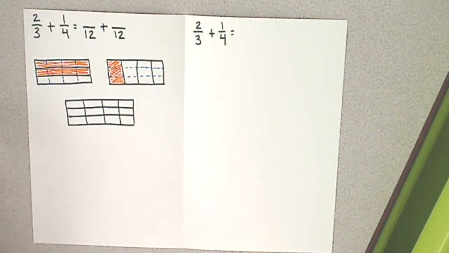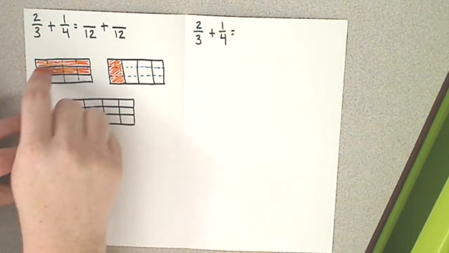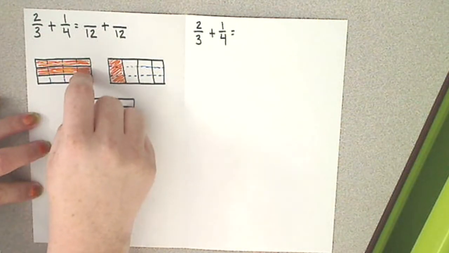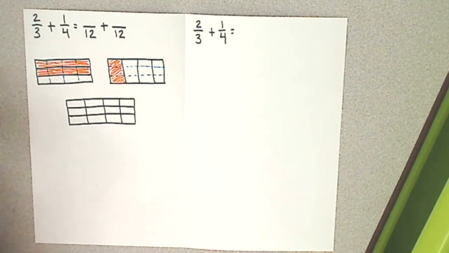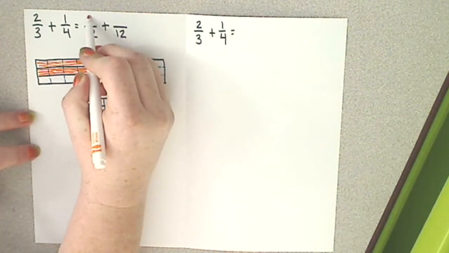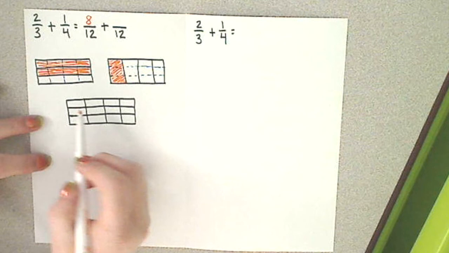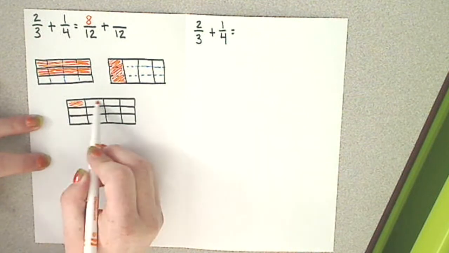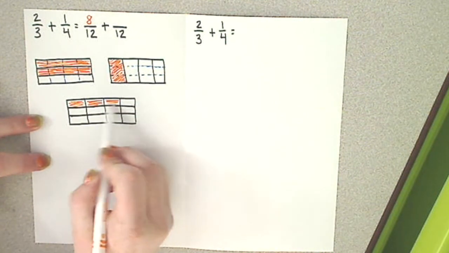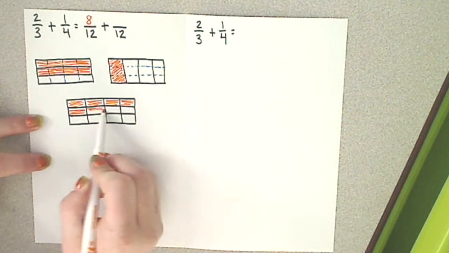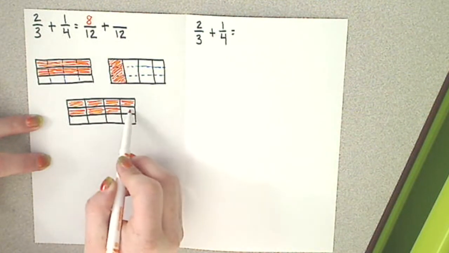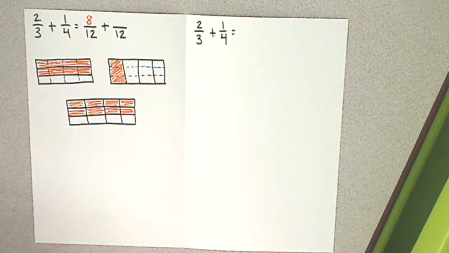So now I can see that I have 1, 2, 3, 4, 5, 6, 7, 8 pieces shaded. So my 2/3 turned into 8/12. And I need to shade 1, 2, 3, 4, 5, 6, 7, 8/12.